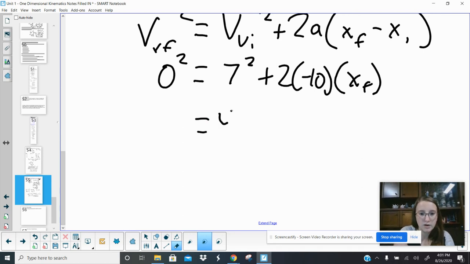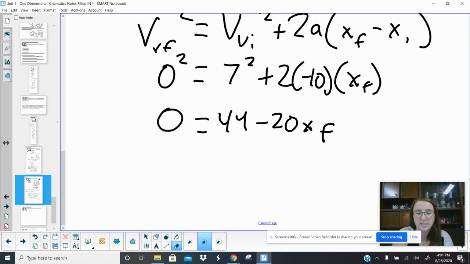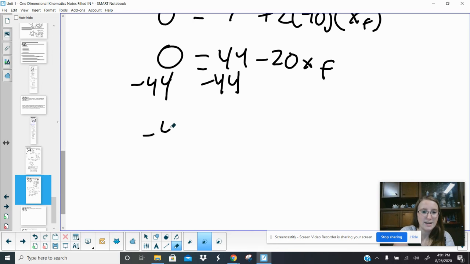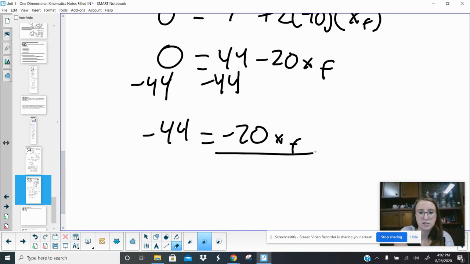So we've got 49 minus 20 times our final position. And we still got 0 over there. So we're going to move the 49 over. We got negative 49 equals negative 20 final position. Let's go ahead and divide.